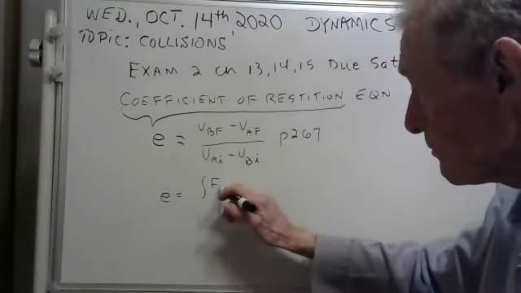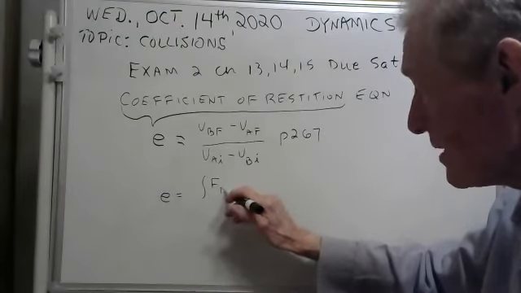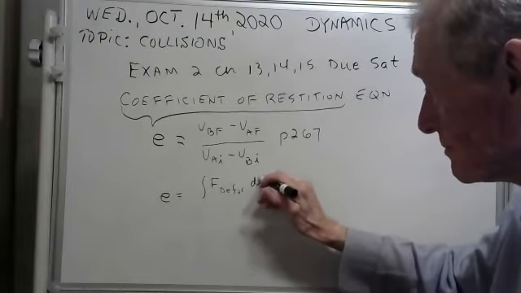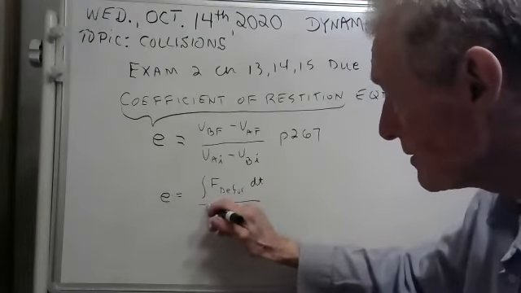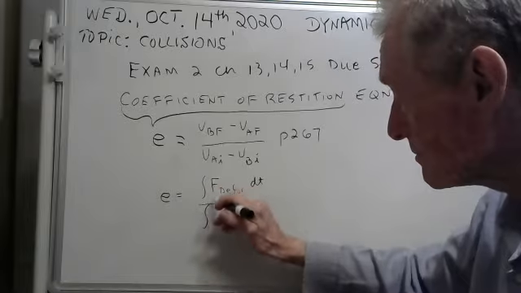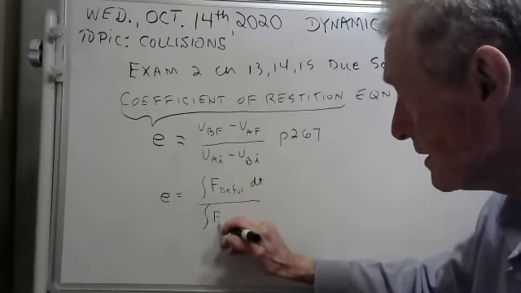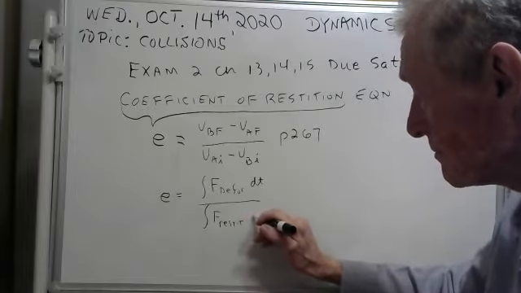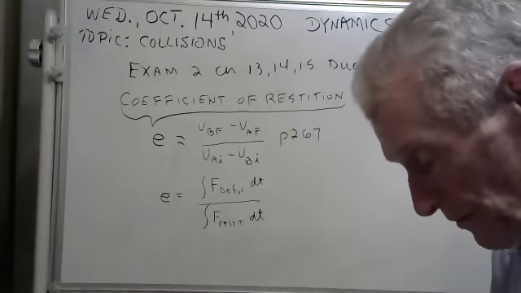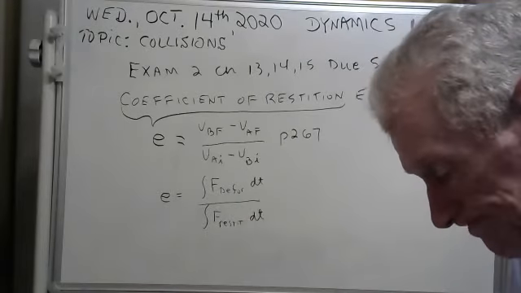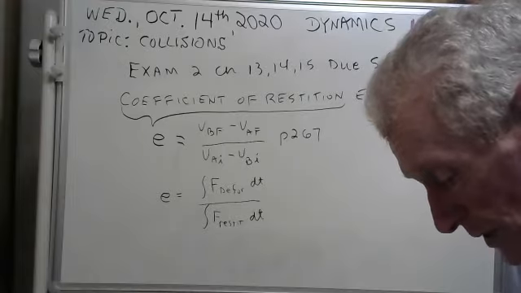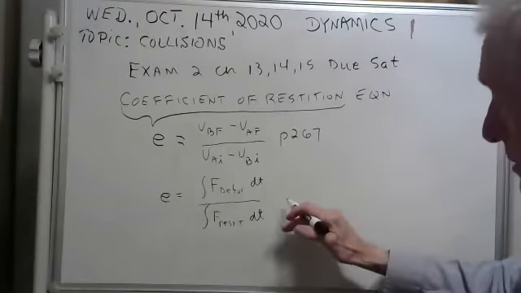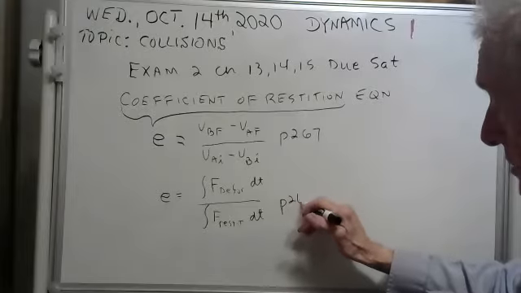No. It's the impulse of deformation divided by the impulse of restitution. That's the definition of it. Do they tell you that? Yeah, there it is. That's also on page 267.